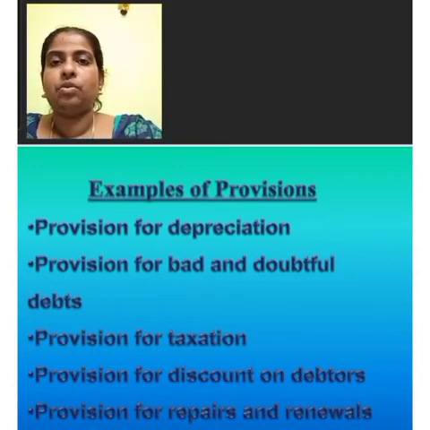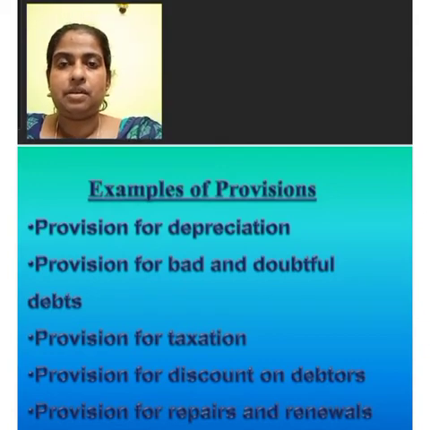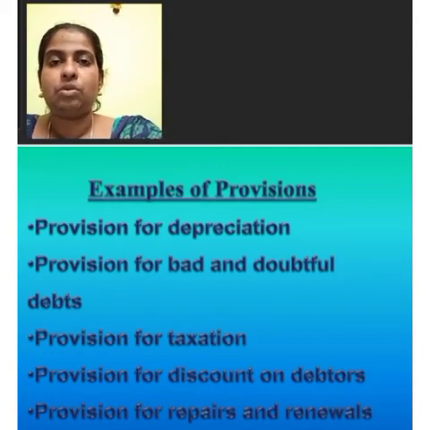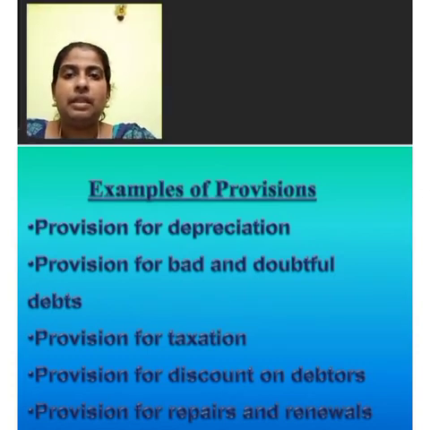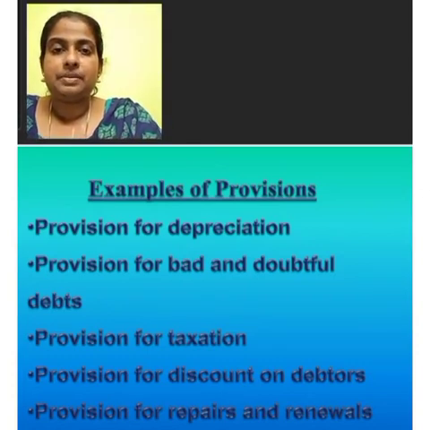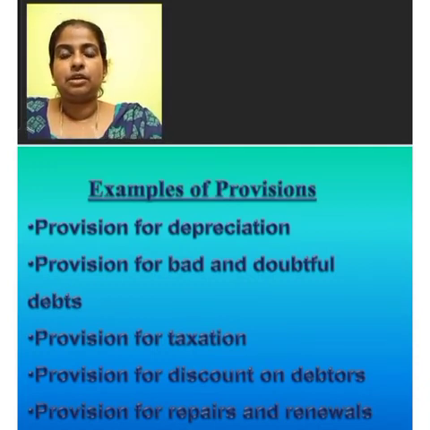As the provision for discount on debtors relates to current year's debtors, it should be charged out of the current year's profit and loss account. The provision for discount on debtors will be deducted from sundry debtors at the asset side of the balance sheet.